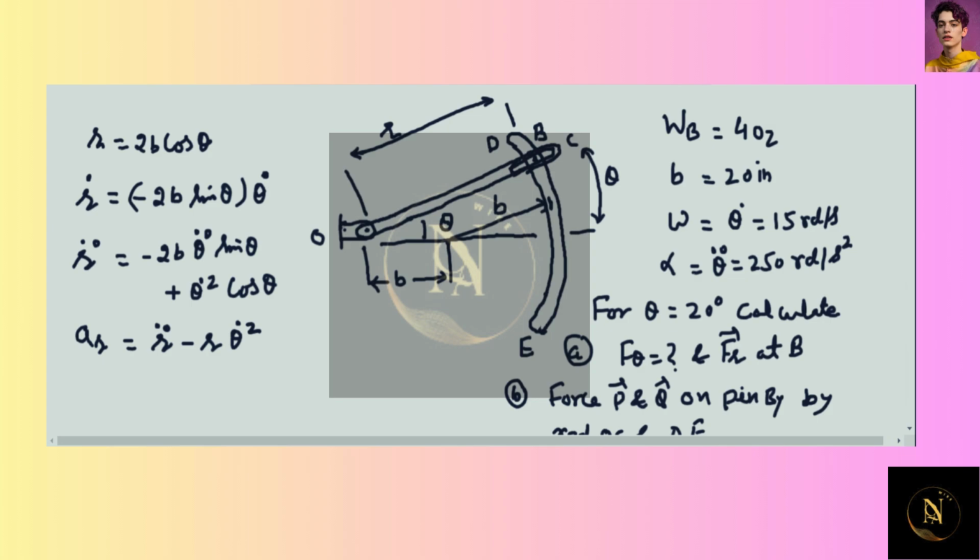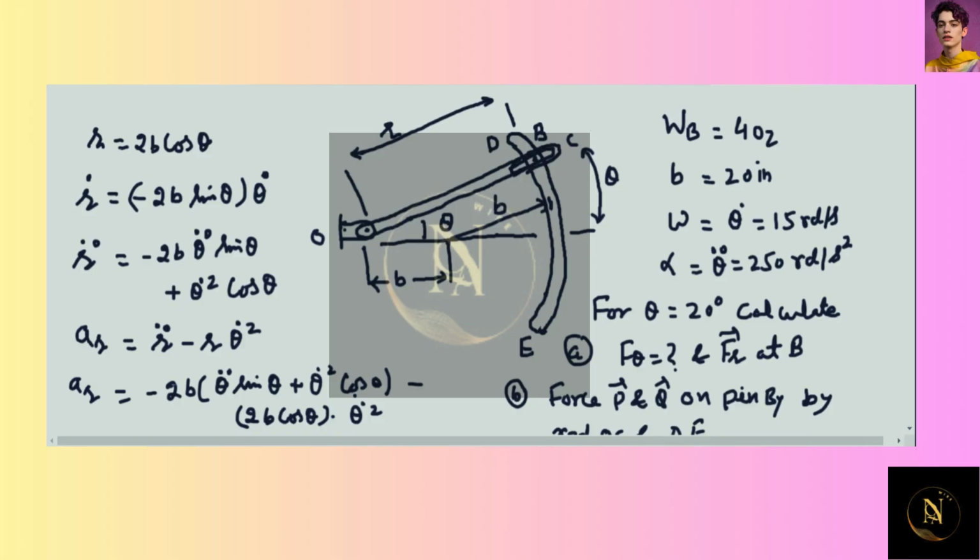Substituting the value from above, you may write minus 2b theta double dot sine of theta plus theta dot square cos of theta minus 2b cos of theta into theta dot square.